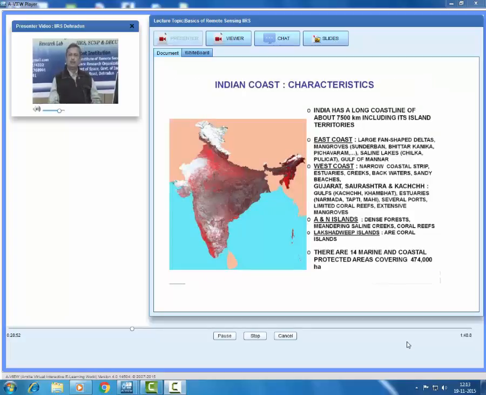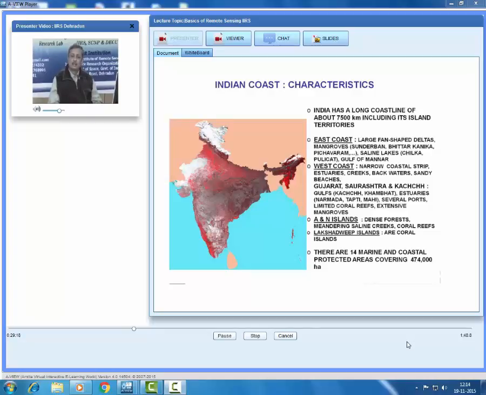Now, talking about our coast, the Indian coast, we have a coastline of around 7,500 km, which can be divided in four parts: East Coast, West Coast, Andaman Nicobar, and the Lakshadweep. East Coast, we are having very large fan-shaped deltas. Sundarban Delta, one of the world's largest delta complexes.